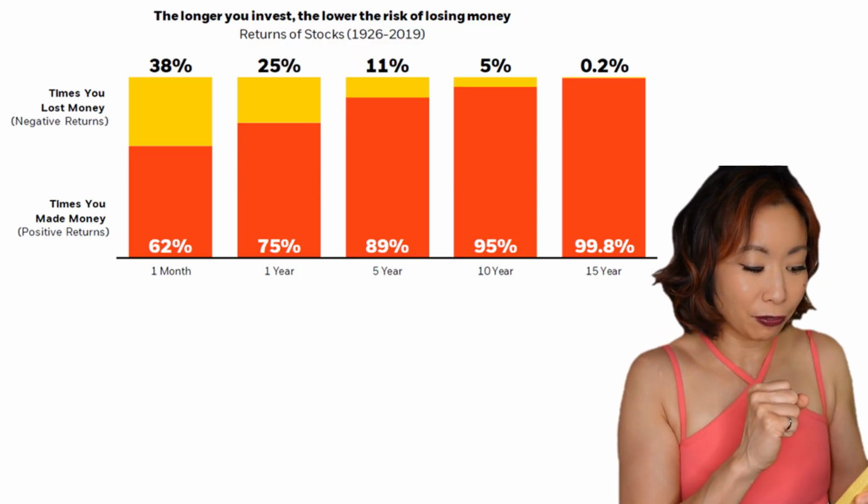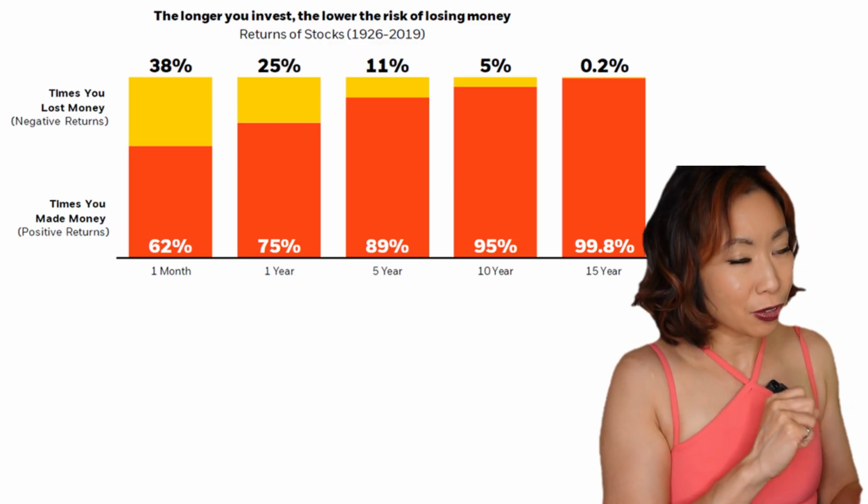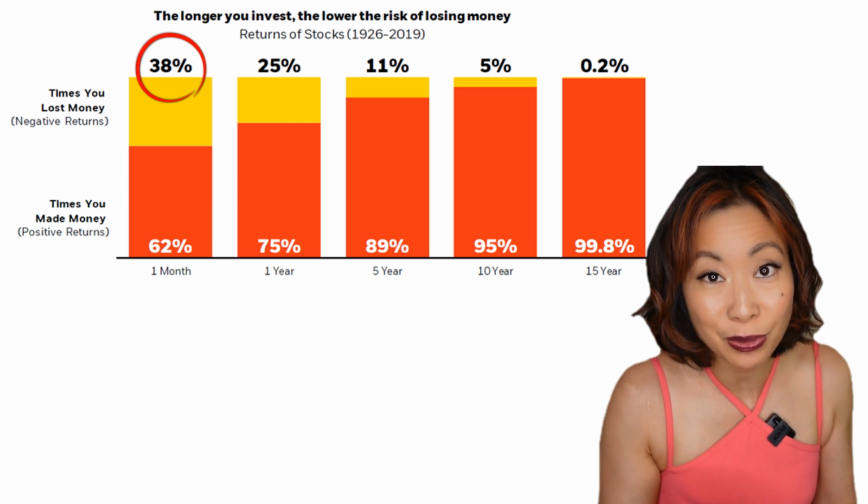Now, there is a lot of talk about how much you can get in return for investing in the S&P 500, which is on average 8 to 10% over the very, very long run. But let's talk about something that most people don't talk about, which is what are your chances of losing your money? As you can see, if you invested in the S&P 500, the longer you hold on to your money, the bigger your chances of winning. For example, if you held it for 1 month, there's a 38% chance that you will lose your money.